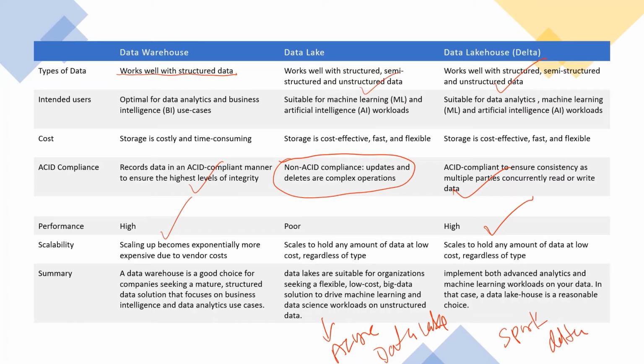If you implement both advanced analytics and machine learning workloads on your data, in that case a data lakehouse is a reasonable choice. A data warehouse is a good choice for an organization seeking a mature, structured data solution that focuses on business intelligence and data analytics use cases. If you are talking just about that, then a data warehouse is the solution, right? So I hope you understand all these three: data warehouse, data lake, and data lakehouse. Thank you for watching.